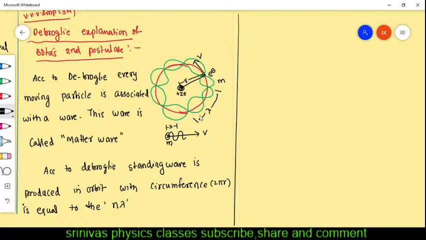This wavelength is lambda. Like this, if n waves are formed, then the full circle length will become n lambda. Then according to de Broglie, we can write 2 pi r is equal to n lambda.